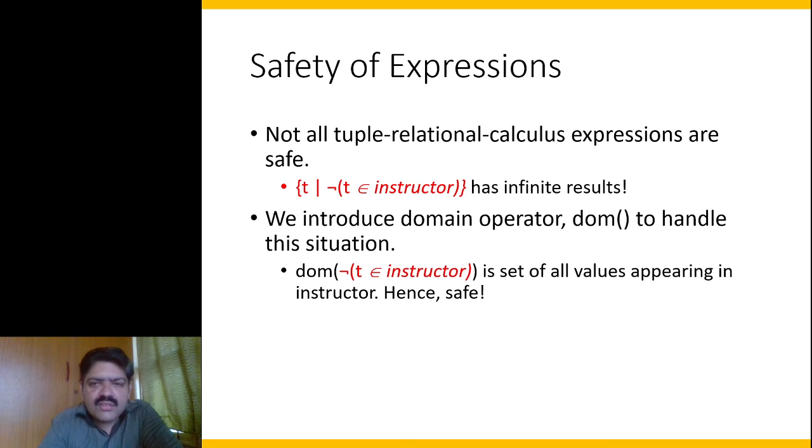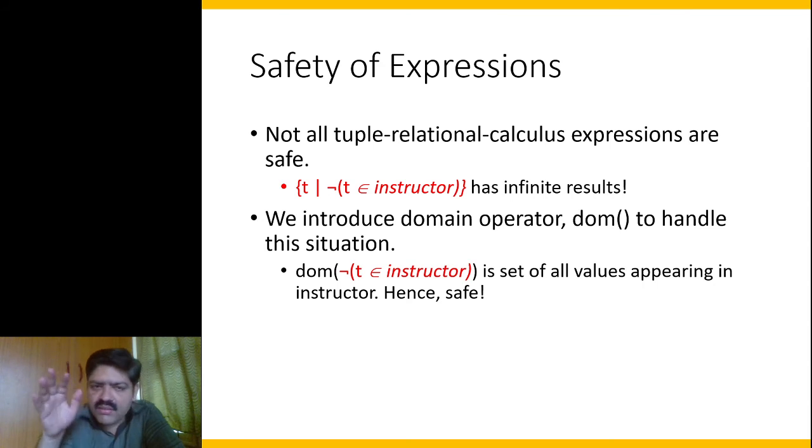There's another small concept which is very useful to know. When we use these kinds of nots, we get into an issue. Not all tuple relational calculus expressions are safe, as we say. For example, ignore the not for now. If this simply says t such that t belongs to instructor, then I'm interested in all tuples in instructor, which gives me finite results, right?